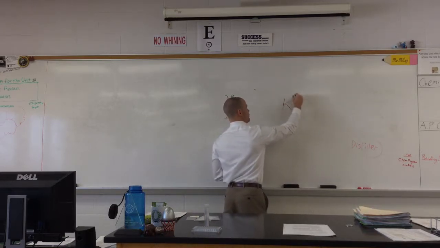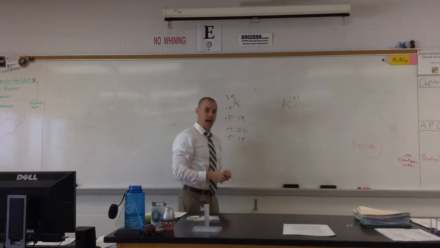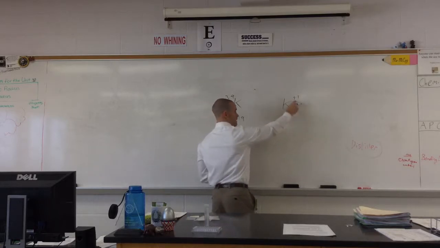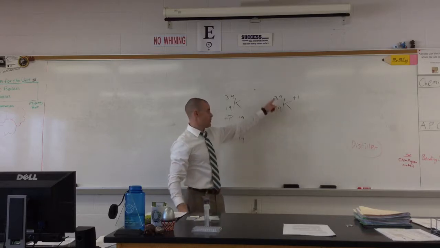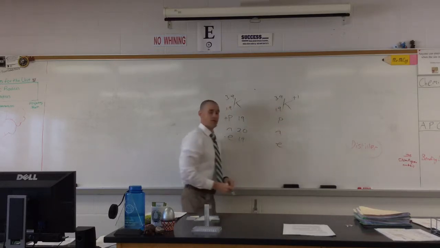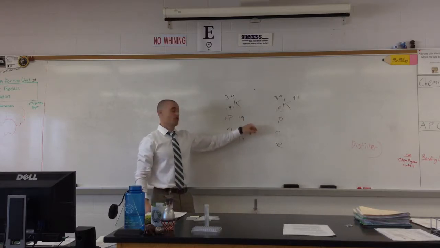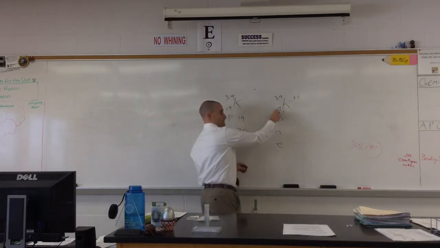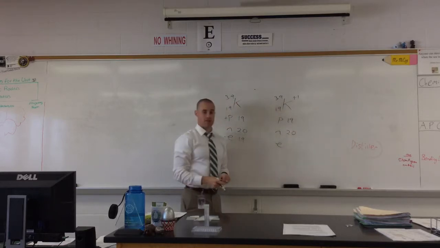So potassium forms a +1 cation, right? Cation is positive. These two numbers do not change. So 39, 19 do not change. Protons, neutrons, electrons: 19 protons, 39 minus 19, 20 neutrons.